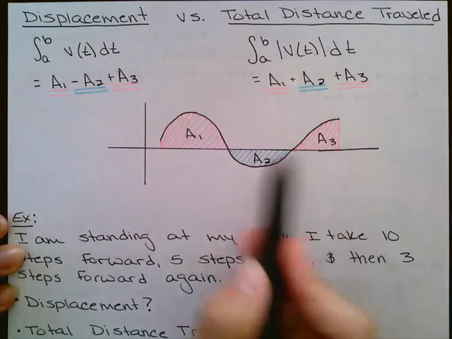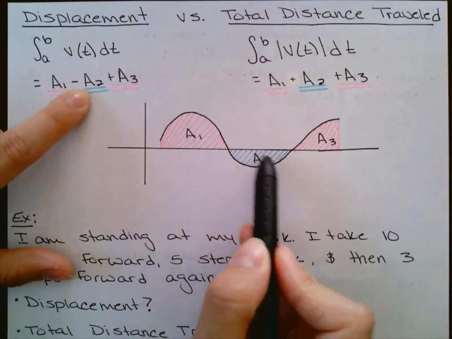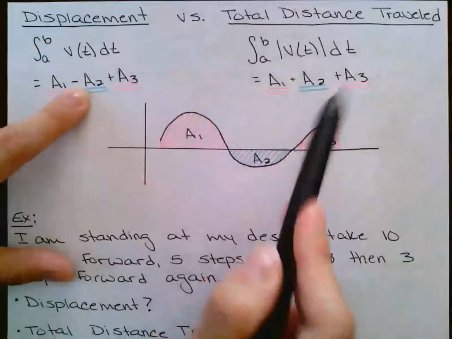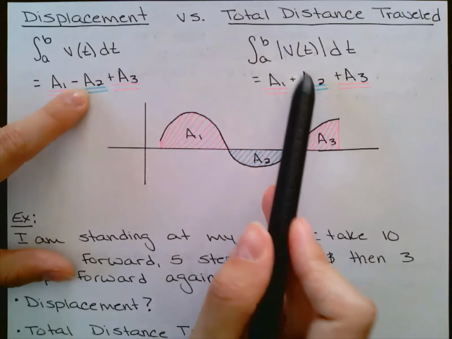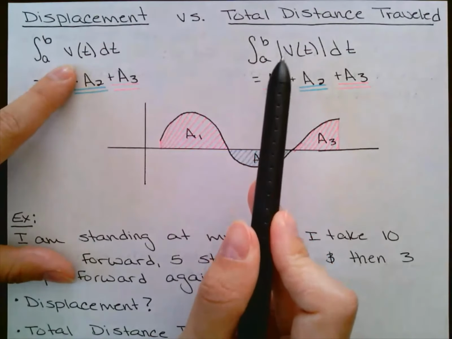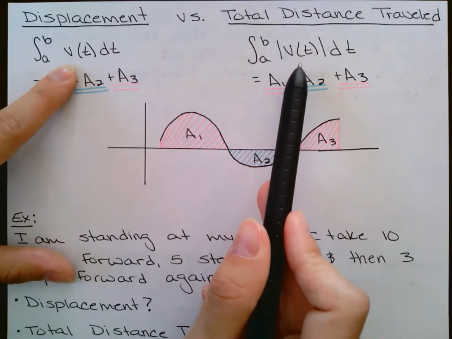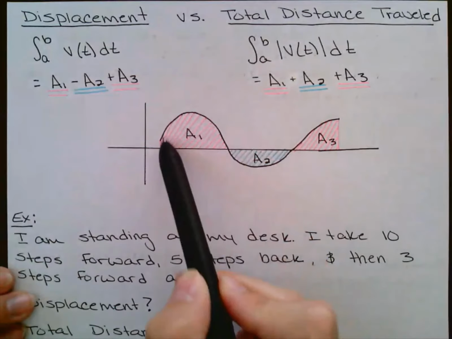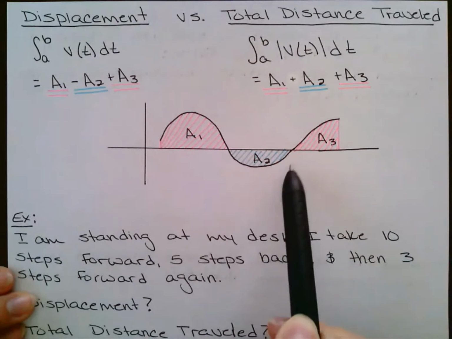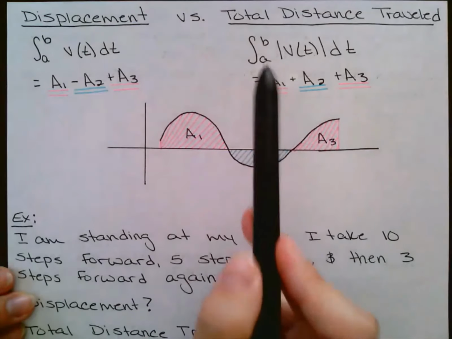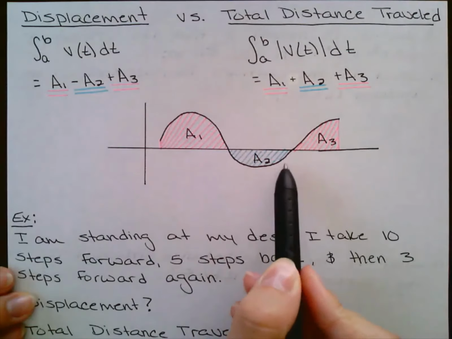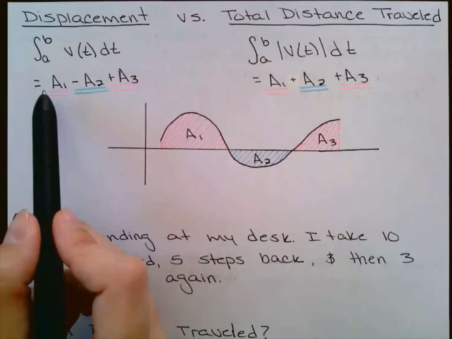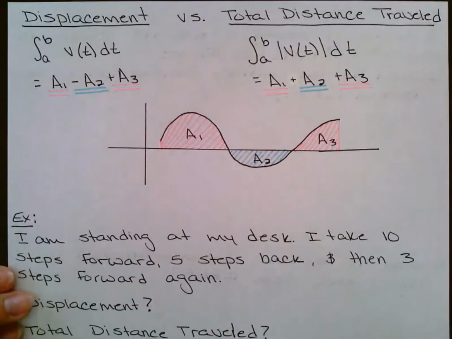So notice that even though this one counts your backtrack as a negative, total distance traveled counts it as a positive. And for that reason, the notation of the integral has an absolute value on the function of the velocity, right? So I drove forward, I drove back, and I drove forward. Total distance traveled counts that negative traveling as part of your distance, where displacement does not, okay?